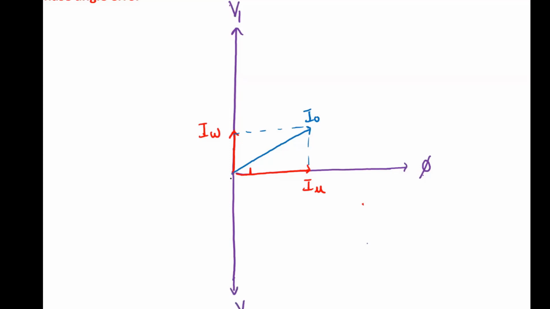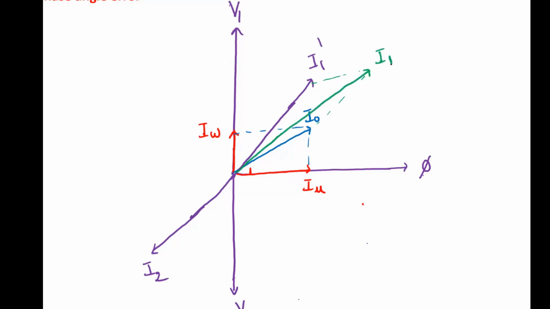This is the I2 current. I2 lags V2 by some angle, and this is your I1 dash. So what is I1? I1 is the phasor sum of I0 and I1 dash. So your I1 will be like this.